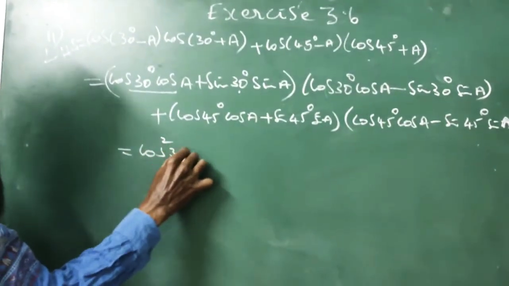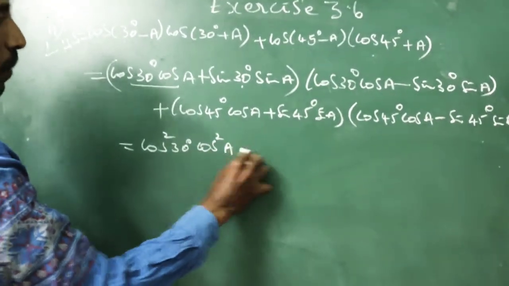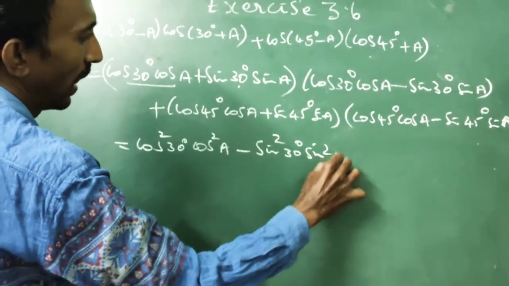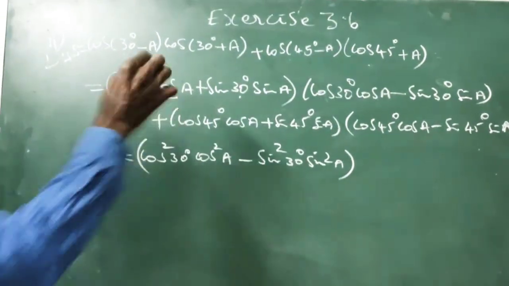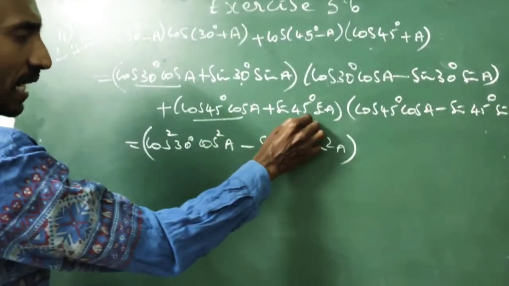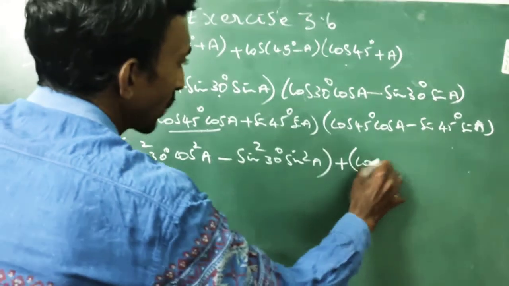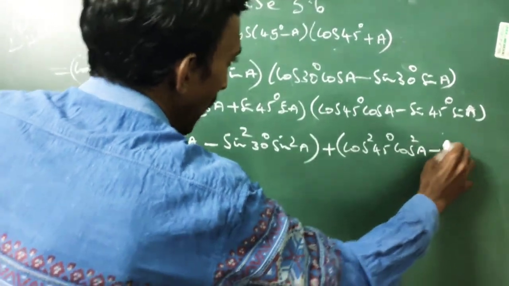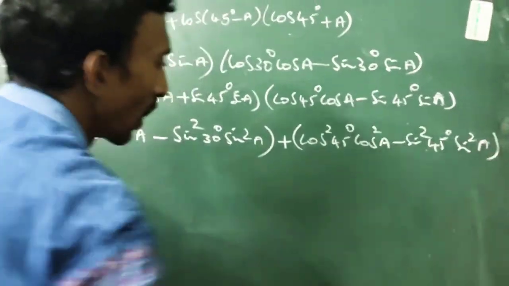So cos square 30 into cos square A minus sin square 30 sin square A. That is the first term. The same thing for the next one, (a + b)(a - b): cos square 45 degree cos square A minus sin square 45 degree sin square A.